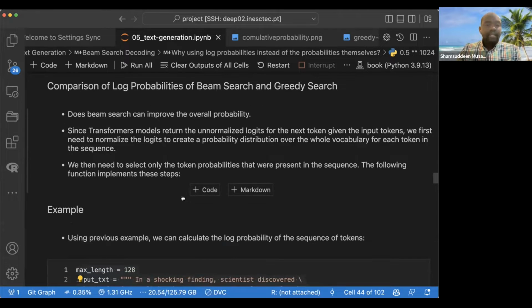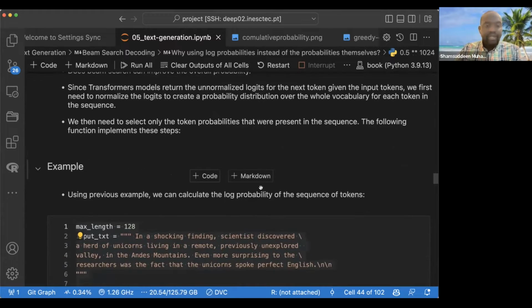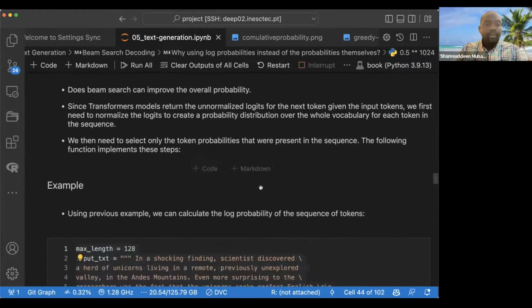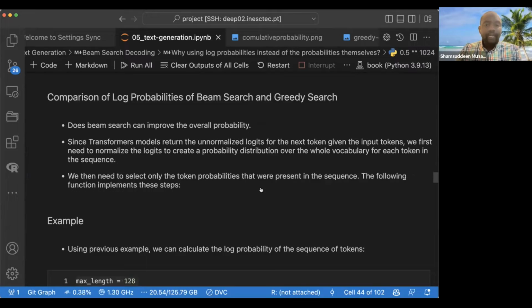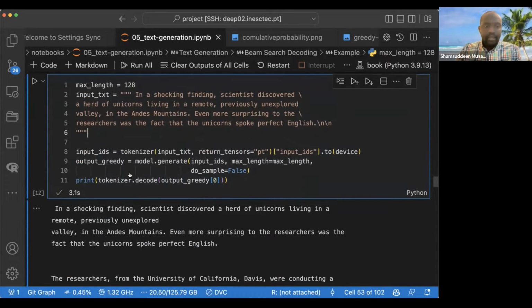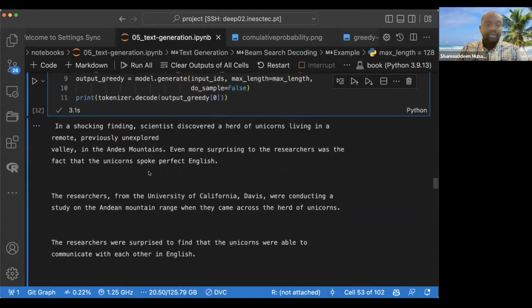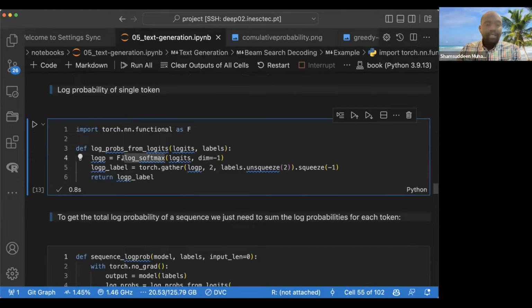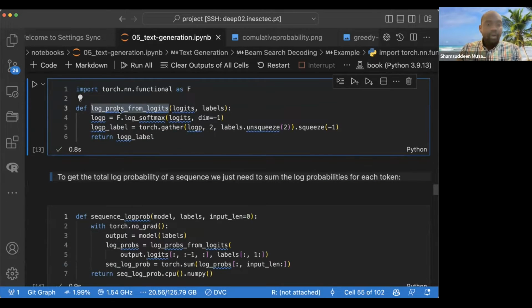And they said, okay, let's look at a comparison of log probability for beam search and greedy search. Let's look at an example of how greedy search works. We can see the same example, and we can calculate the log probability. This is the same example we saw previously. Now they implement a function to compute log probability at each step for each token.